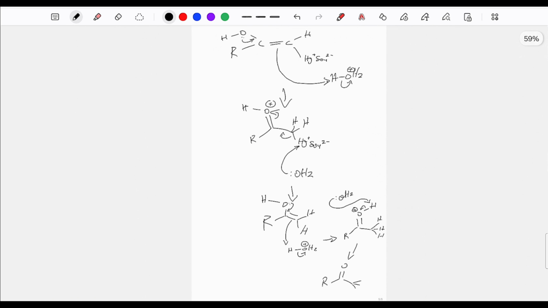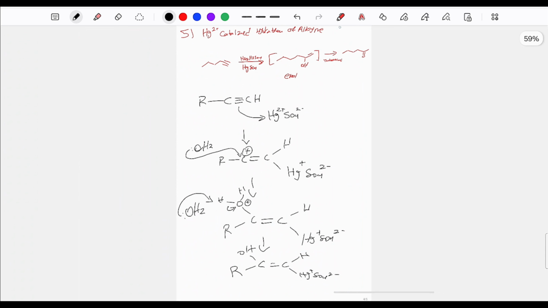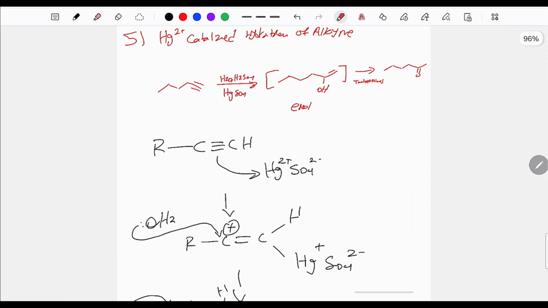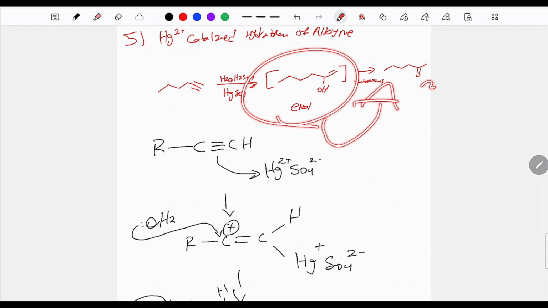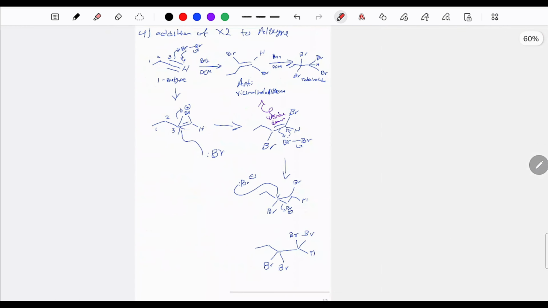So that's a very long mechanism for this, but it is important to understand that mercury catalyzed hydration of an alkene, right? As the name suggests, we hydrate, we add a water. So that means we must be getting an OH somewhere on the chain. And the thing is that OH under these specific acidic conditions will tautomerize into giving us a ketone.